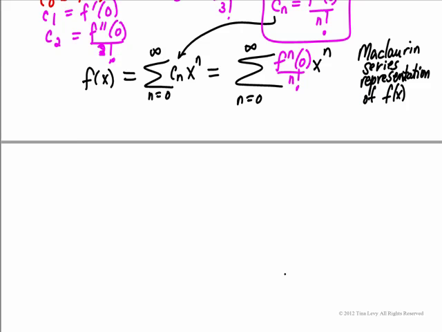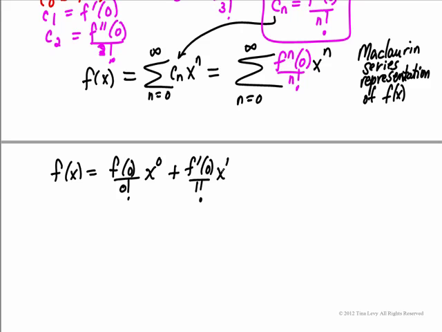We now can write the function f of x as, using this, it's the 0th derivative, which means it's the function f of 0 over 0 factorial x to the 0. Letting n be 1, it's the first derivative of 0 over 1 factorial x to the 1.